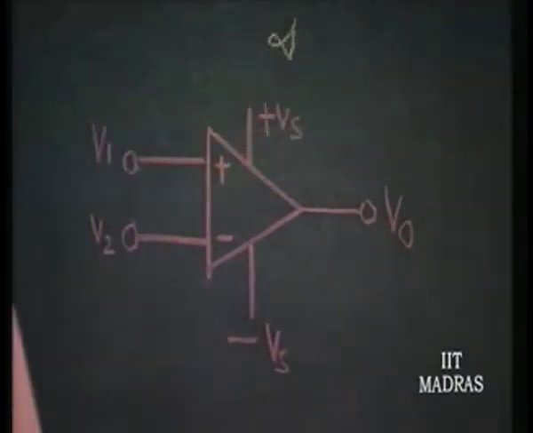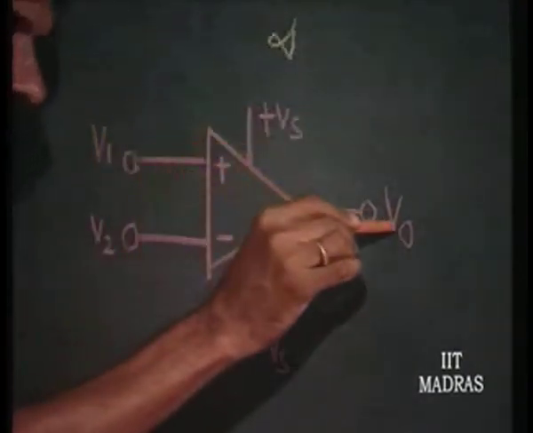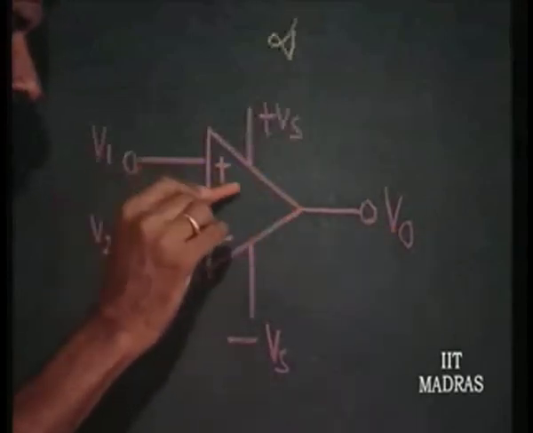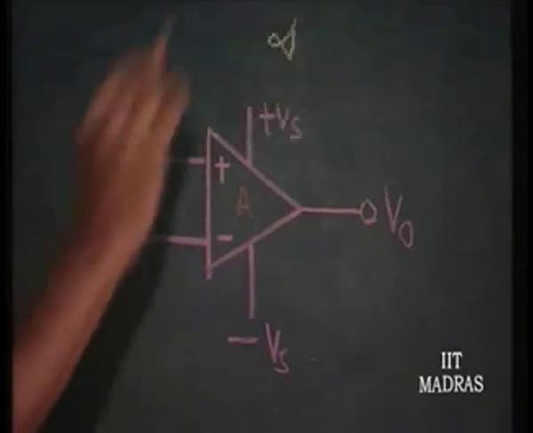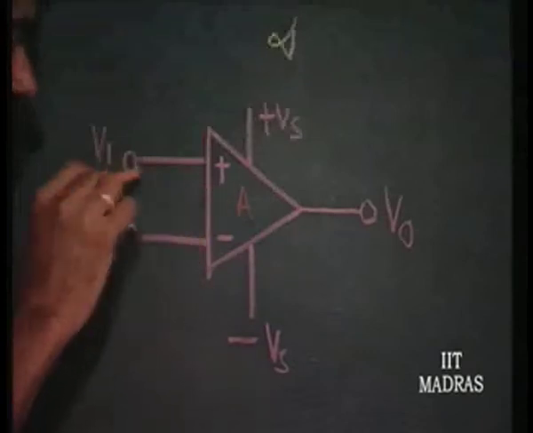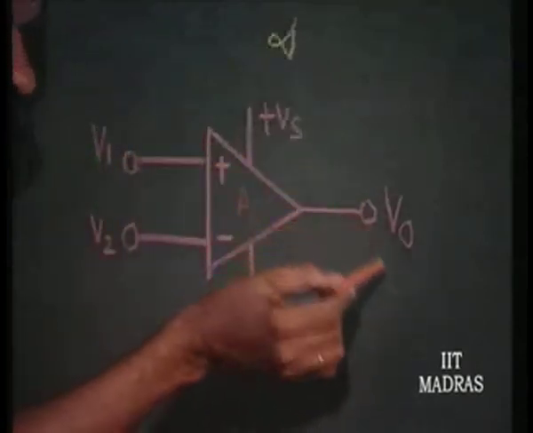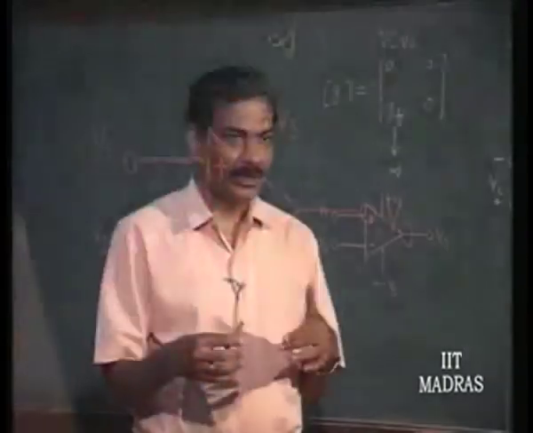We have op amps available where V naught is A times, let us say A is the open loop gain, A times (V1 minus V2). You have what are called dual output op amps, differential input, differential output op amps, where you can also get minus A times (V1 minus V2).